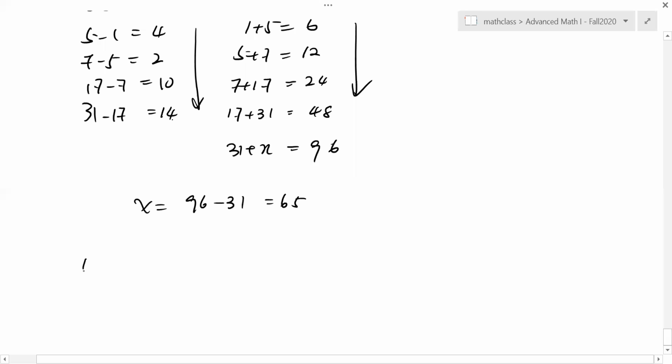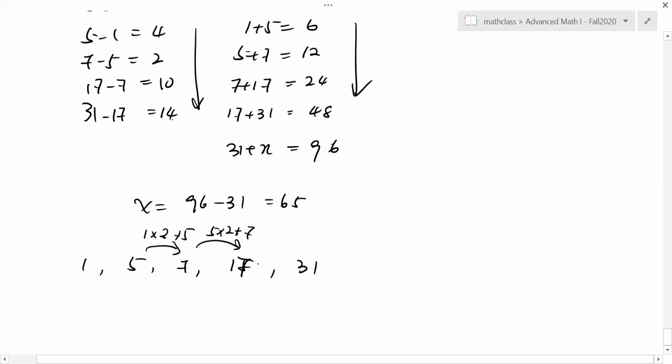Now, let's take a look at this again. How to get the next term? And what Alex said, it's 2 times the first one plus 5. Then 2 times 5 plus 7.